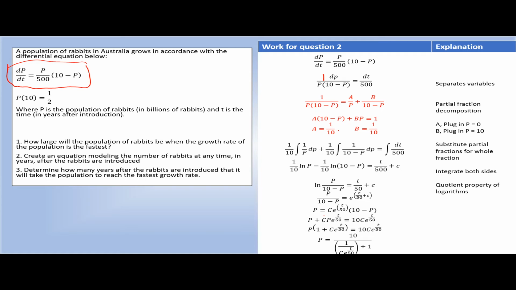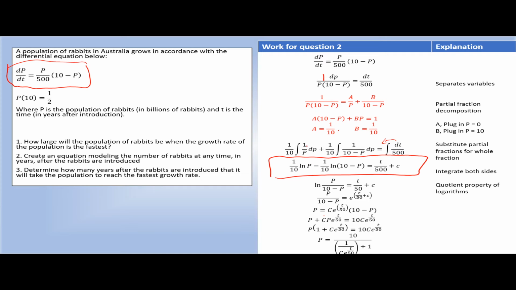Okay, so in this line, not yet. I pulled out the 1 over 10 because that was a constant from both of my integrals. I can also pull out the 1 over 500 on this side. So when I integrate dt, I get t. So this will be t times 1 over 500 is what happened on the right side.